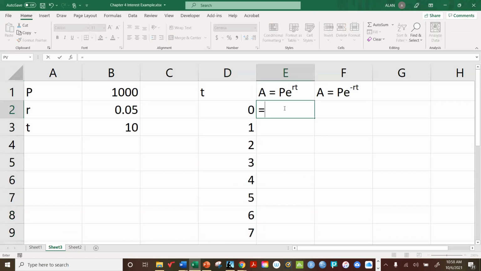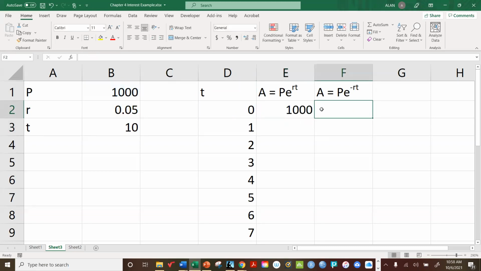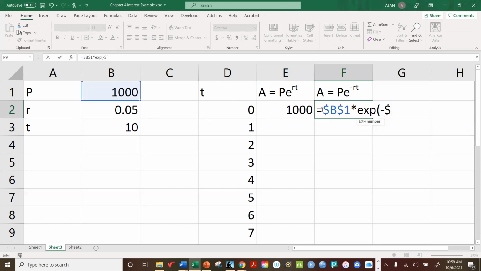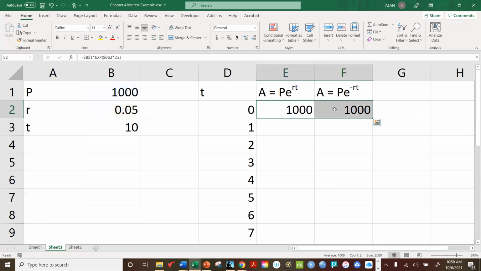All right, so let's try that again. So it's P times EXP, and the exponent is R times T. And over here, it'll be P times EXP, and then it's minus R times T. So let's see what happens to them over time.